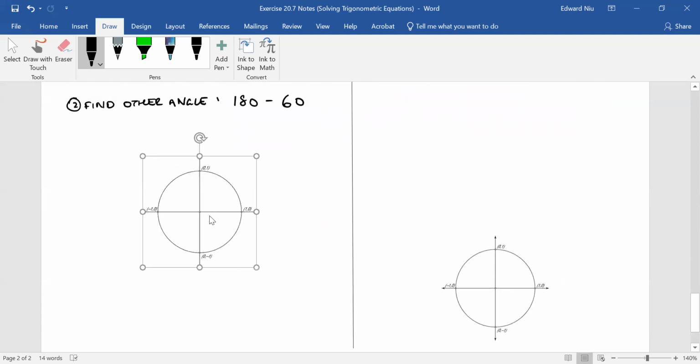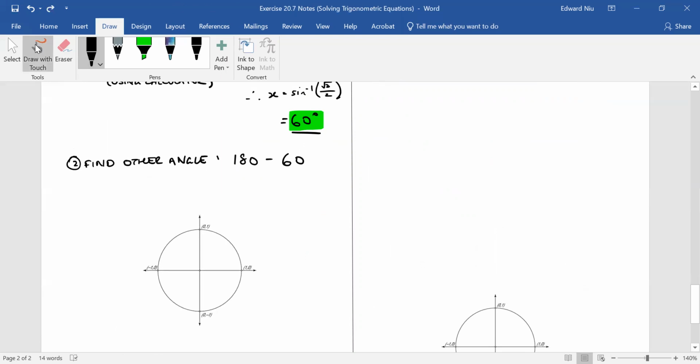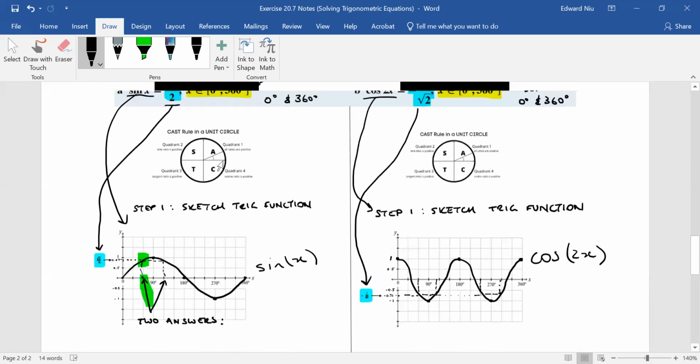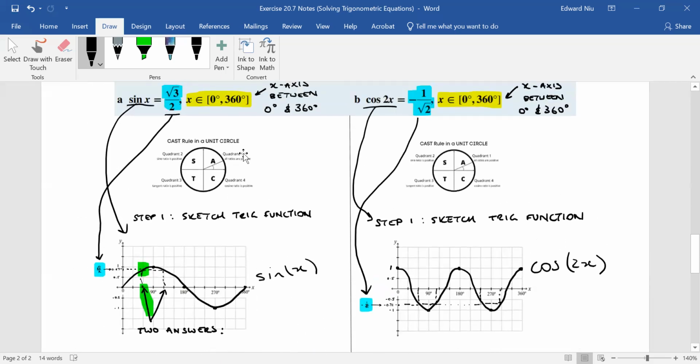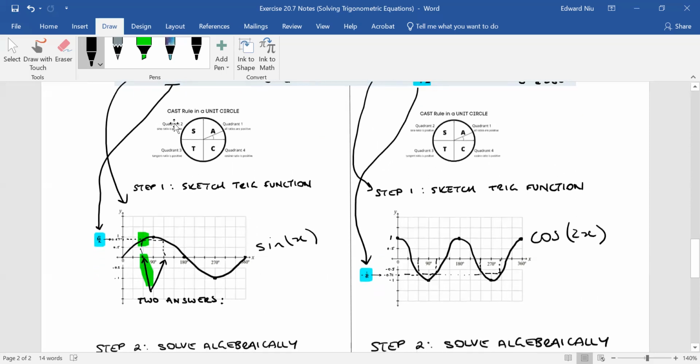So on our unit circle, 60 degrees looks something like this. That's not 60 degrees, is it? Now we know sine is positive here because in quadrant 1 all ratios are positive. In year 11 and 12, hopefully you learn the proof, but we probably don't have time for that right now.